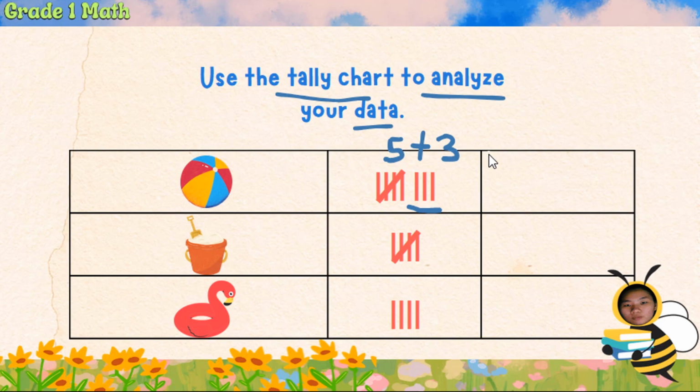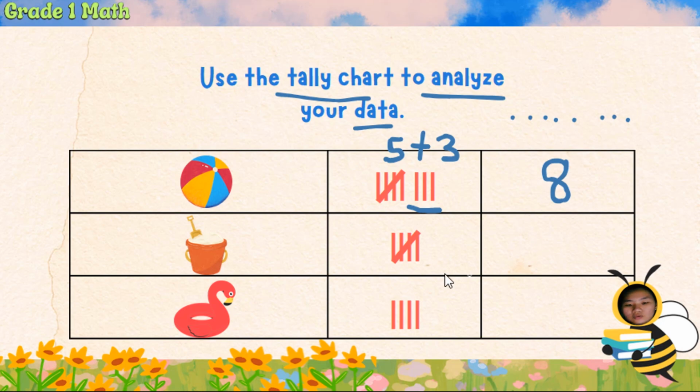Well, if you've been watching my old lessons on addition and subtraction and counting, 5 plus 3 is 8. All right. 1, 2, 3, 4, 5, plus 3 more. 1, 2, 3. We have 1, 2, 3, 4, 5, 6, 7, and 8.